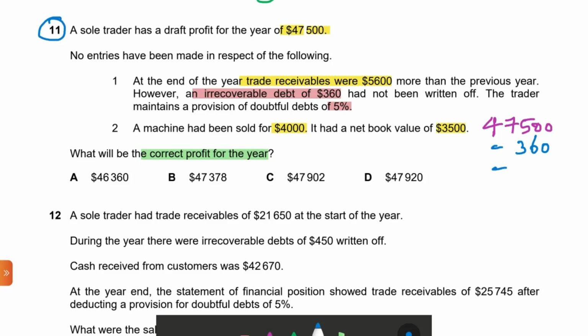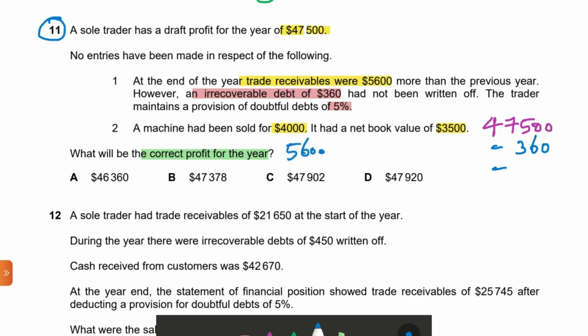A decrease in provision is on the credit side. So here the trade receivable is increased, so our provision for doubtful debts also increases. So it will go to the expense.